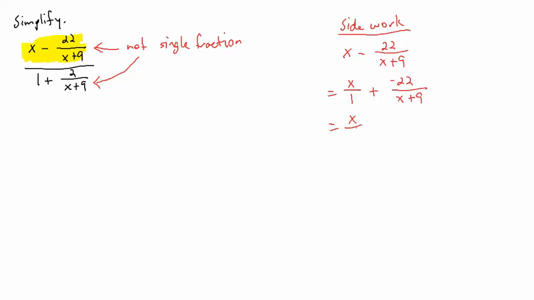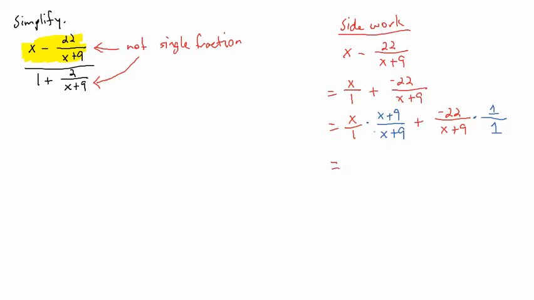So I have to multiply each fraction by some form of the number 1 to make the denominators the same. So my first fraction, I'm going to multiply by x plus 9 over x plus 9, because then my denominator will be 1 times x plus 9, which is the same thing as the denominator here, which is x plus 9. So my second fraction, I don't really have to multiply by anything, but if I want to write it, I'd say times 1 over 1.